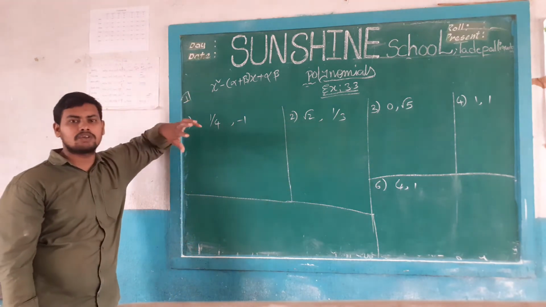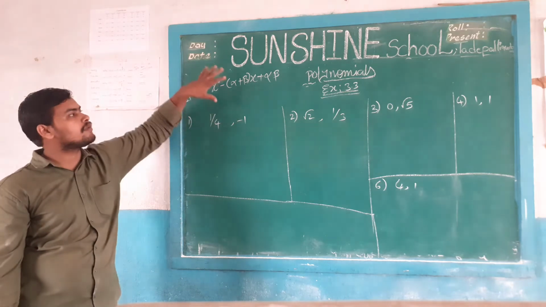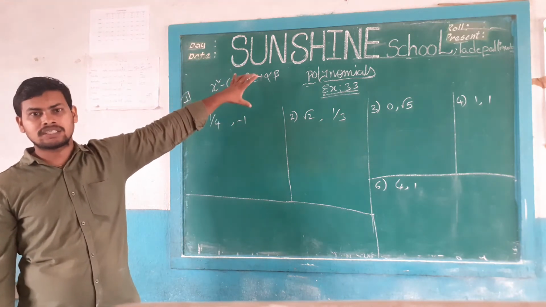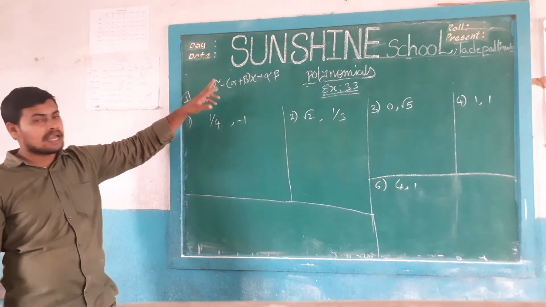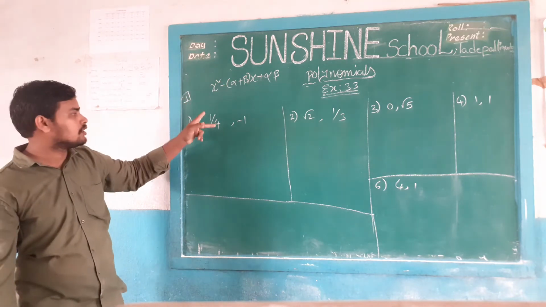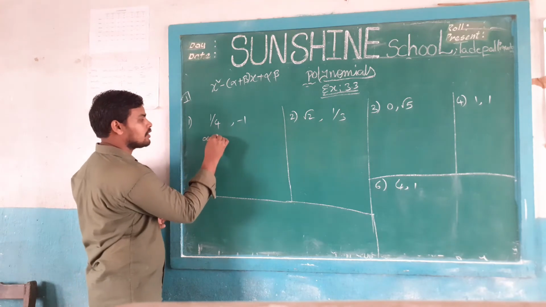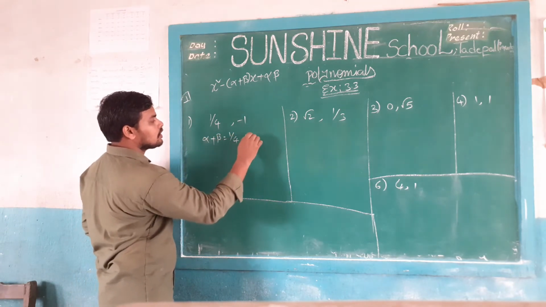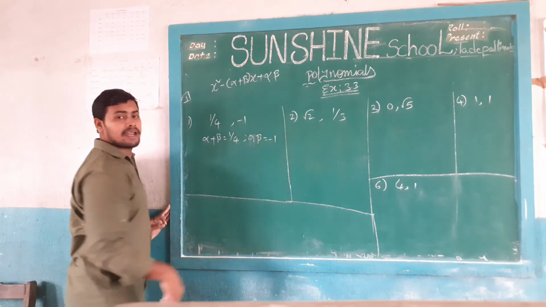Whenever the sum of the zeros and product of the zeros are given, the formula is simply x square minus alpha plus beta into x plus alpha beta. Here they are already given: alpha plus beta value is 1 by 4, alpha beta value is minus 1.